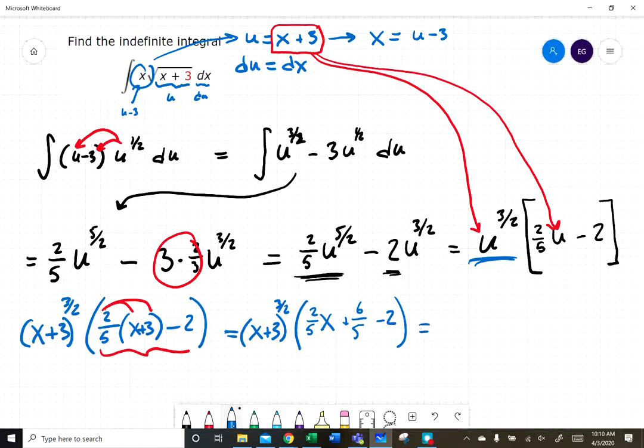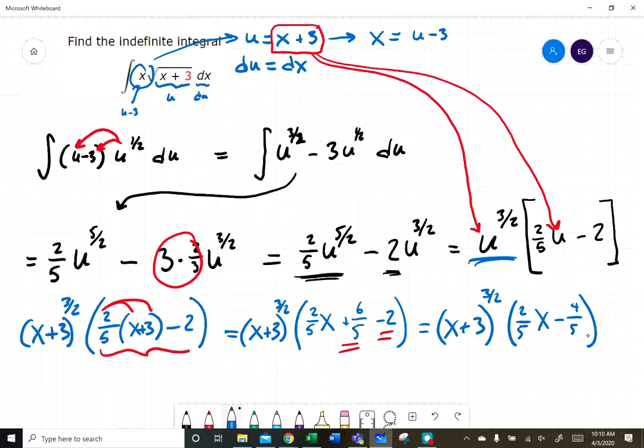Okay, so now we can combine like terms. We have two numbers in there, so we have an x plus 3 to the power 3/2 times 2/5 x and 6/5 minus 2, or 6/5 minus 10 over 5 should be a minus 4 over 5.